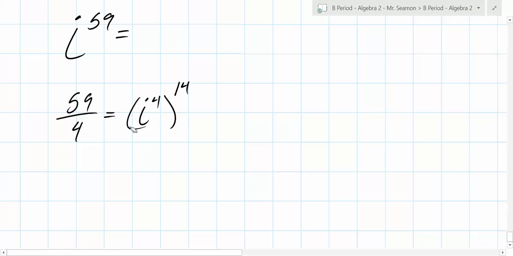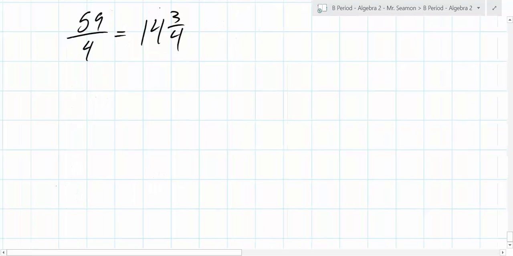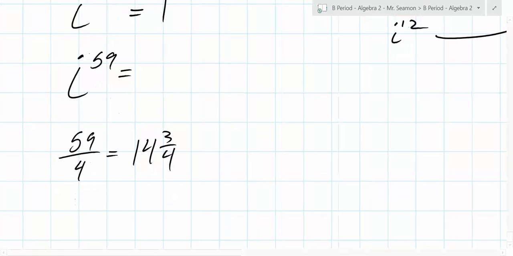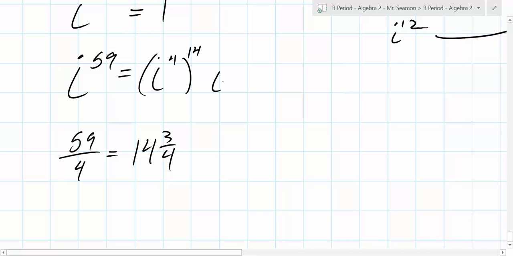I'm going to write this properly here. So you have 14 and 3/4. We know that i to the 59th is i to the 4th, how many times? 14 times, correct? But then what's left over? i to the 3rd, right?